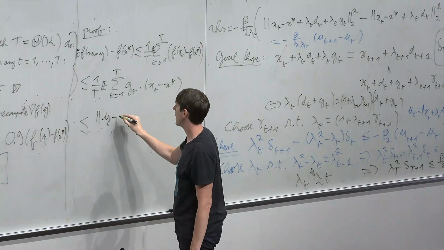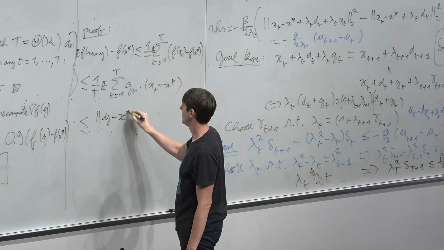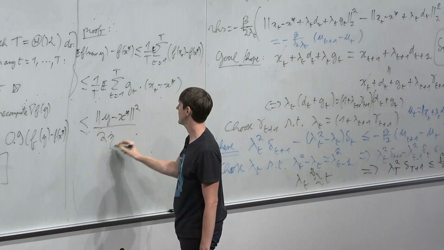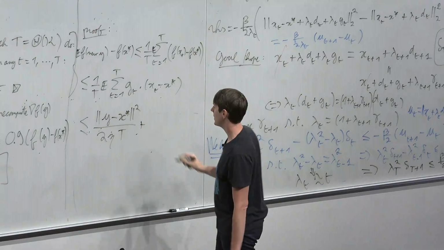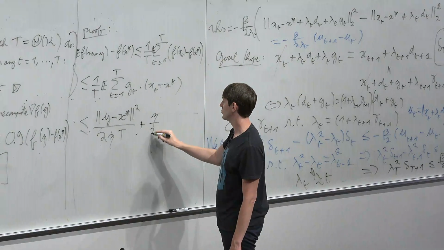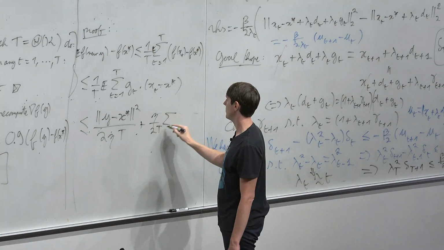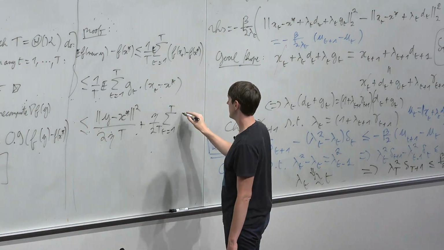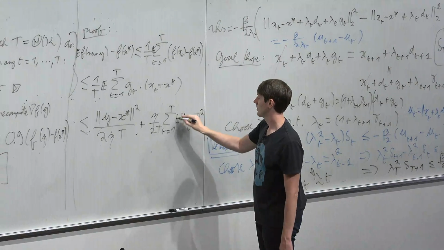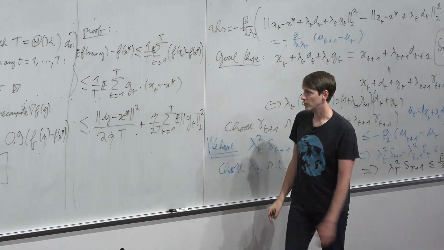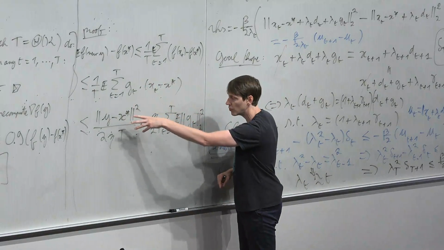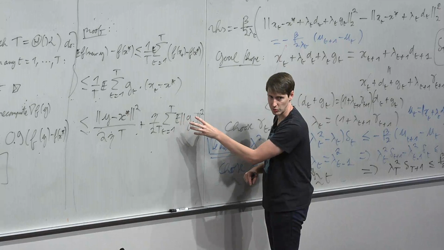So you start with ||y minus x star||^2 over 2 eta t plus eta over 2 t, the sum for t equals 1 to capital T of the norm of gt squared. Okay, the range term, like forgetting of the initial condition, the gradient flow term, and the discretization term.